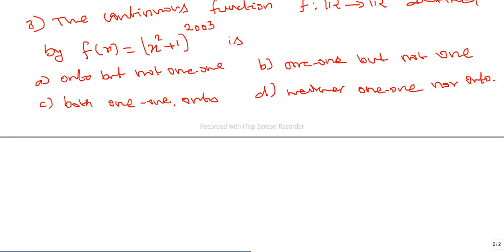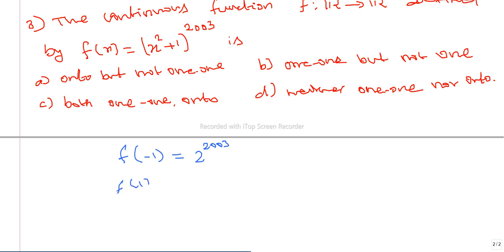Let us check whether this is onto or not. No, it's not onto. Actually, it's neither one-one nor onto, because f of minus 1 is 2 power 2003, since minus 1 squared is plus 1, and 1 plus 1 gives 2.